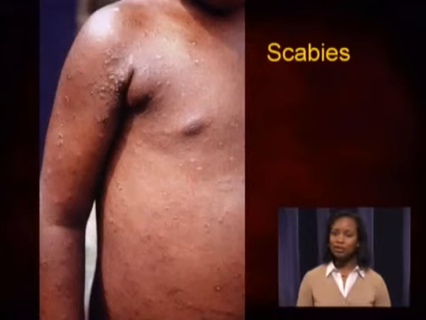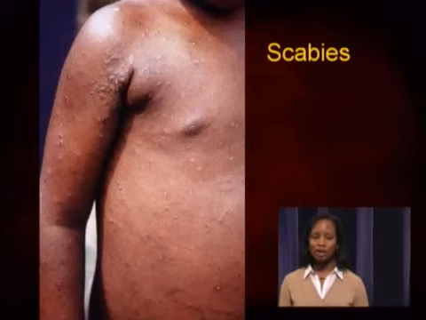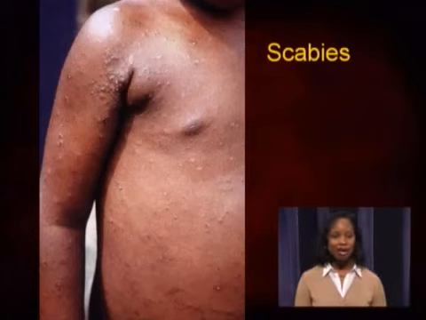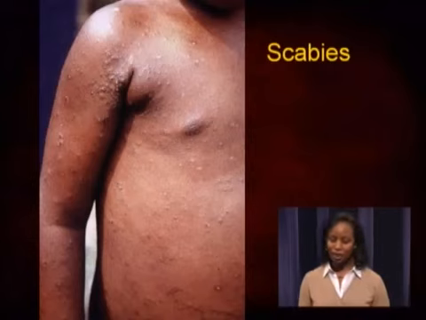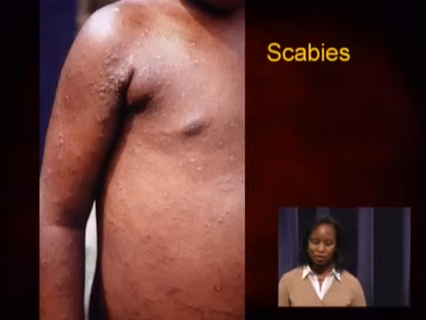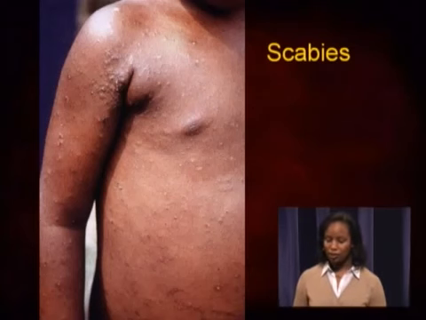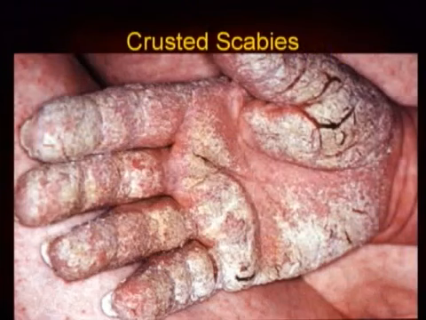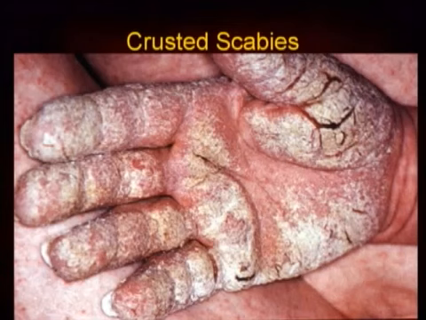Scabies in children doesn't really mind any border. So as I told you, in adults we think of hands, feet, genital area, but in kids it can really be all over. So this is a patient who's been scratching and itchy all over with scabies. And then this is crusted scabies. So this is seen in patients who are usually non-mobile and don't do a lot of scratching.